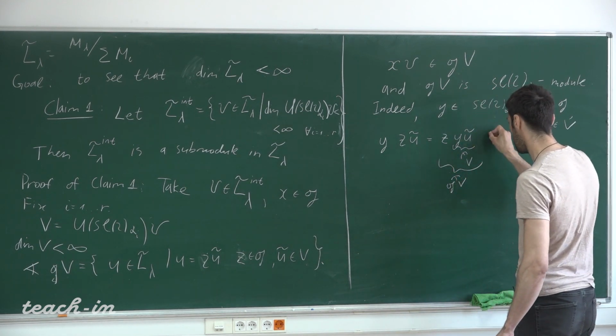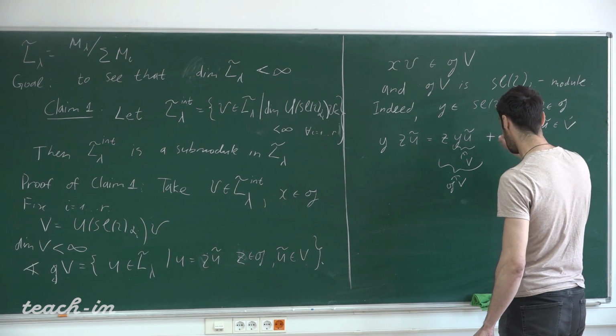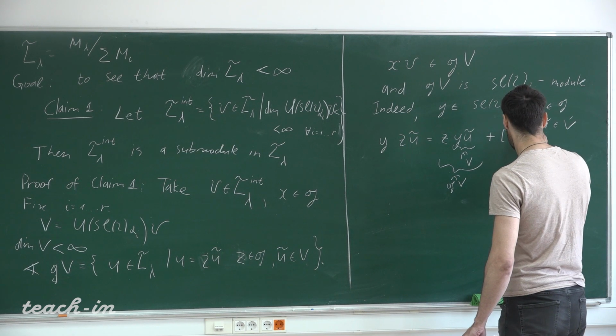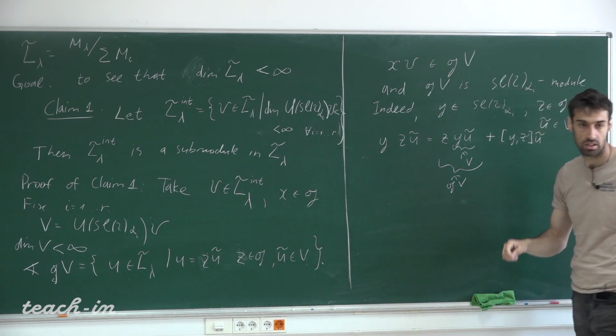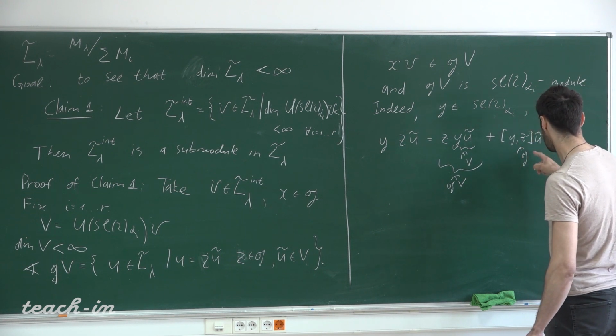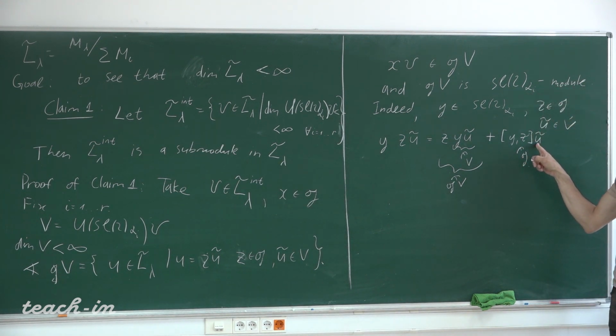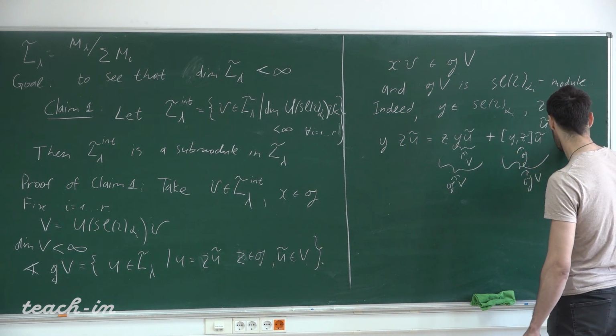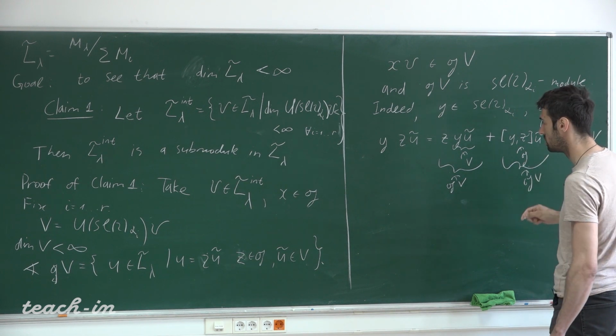This is done. Plus, we need the commutator. So I have the commutator of Y and Z applied to U tilde. The commutator is also an element in G, so it's an element in G times an element in V, again in GV. So the whole thing lives in GV.